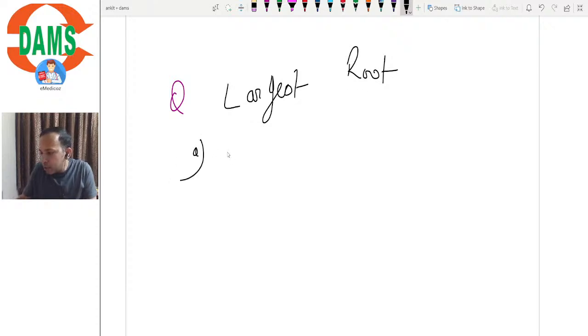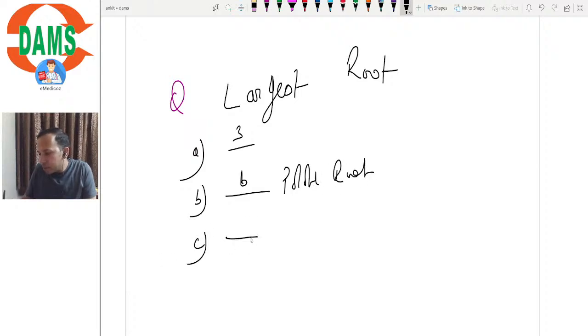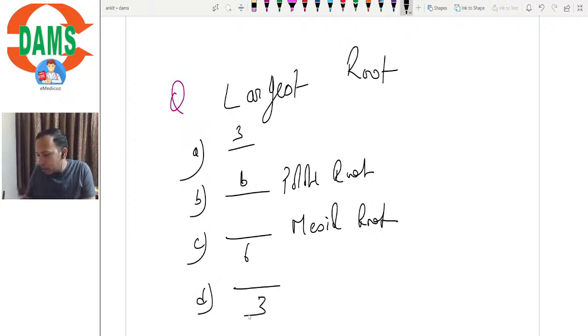And options are maxillary canine, maxillary first molar, palatal root, mandibular first molar, mesial root, and option D is lower canine. So which of these do you think is the largest root?